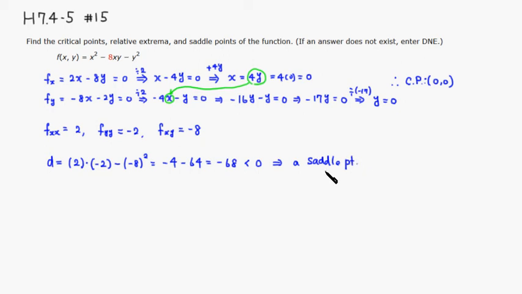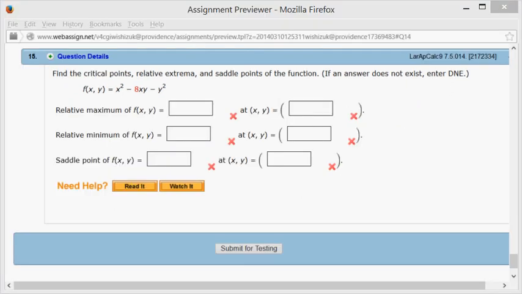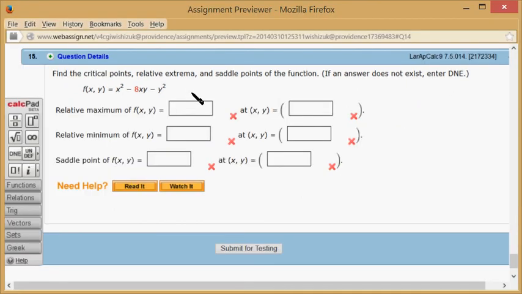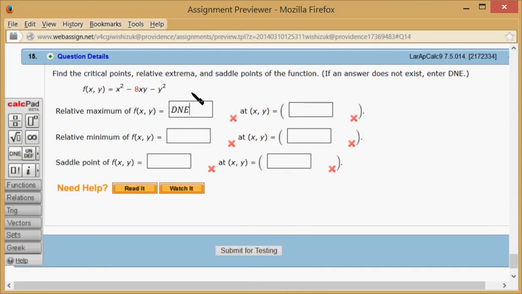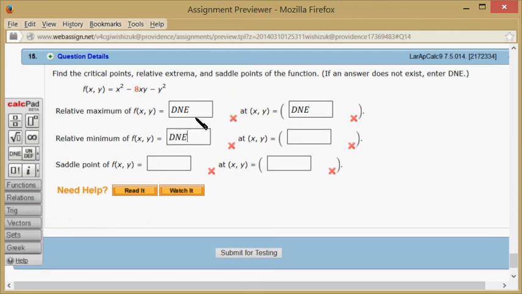Then if you plug into f of 0, 0, the origin, everything is 0, so it's going to be 0. So let's type it in. It's not a relative max, so does not exist, D N E. It's not a relative min, so D N E there.